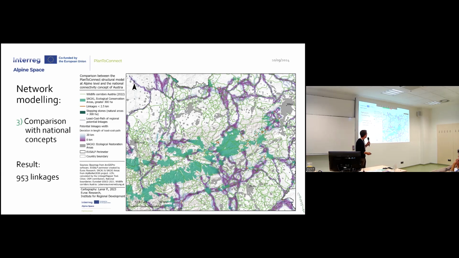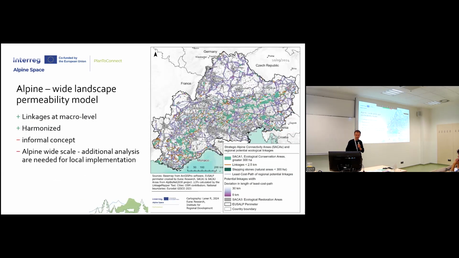With this overlay, we found out that about 150 corridors were not overlapping with the national concepts. So we tried to eliminate them, just to prove that they are really existing. So the result is 953 linkages, which is still quite a high number.